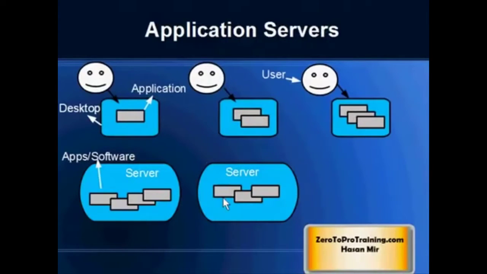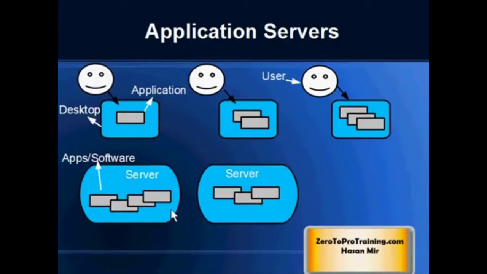Other than the desktop or laptop computers that users are using, a typical company would also have some heavy-duty computers called servers, and these servers are also running applications and software, represented by these gray boxes inside these blue server boxes. Some of these applications running on the server are accessible by the users through a browser, and hence the term web-based application.